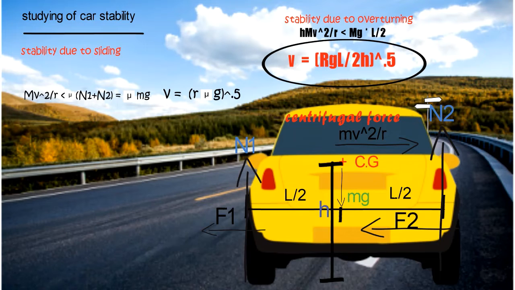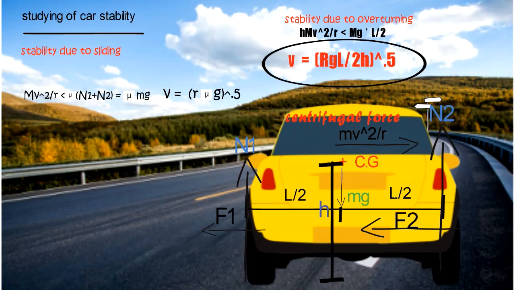Okay guys, let's study the stability due to sliding. As you can see, m times v squared divided by r, the centrifugal force, should be less than mu, which is the friction coefficient, times N1 plus N2, which is the total friction force.